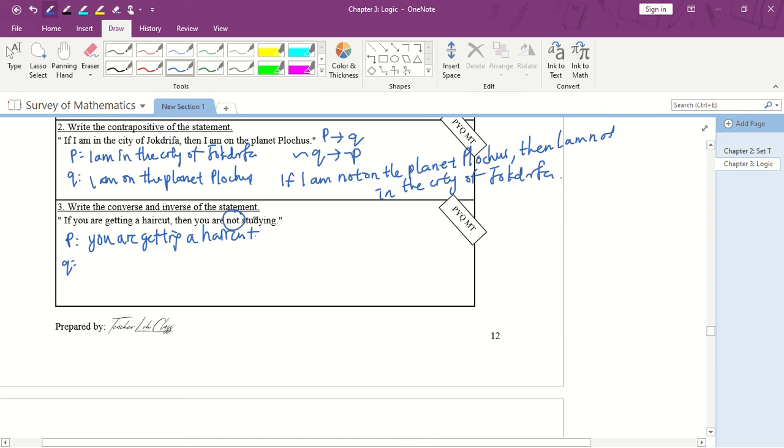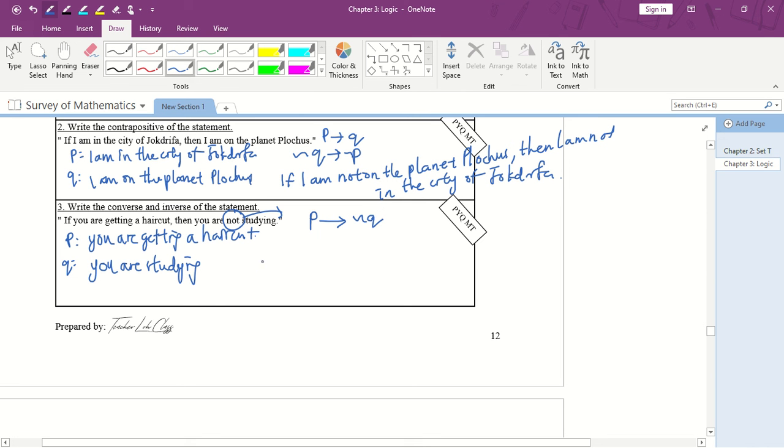Remember, this not is a negation, and we shouldn't add the negation in our simple statement. So here it will be Q: you are studying. Based on this, we need to figure out our symbolic form. If you are getting a haircut, so P, then you are not studying, so negation Q.